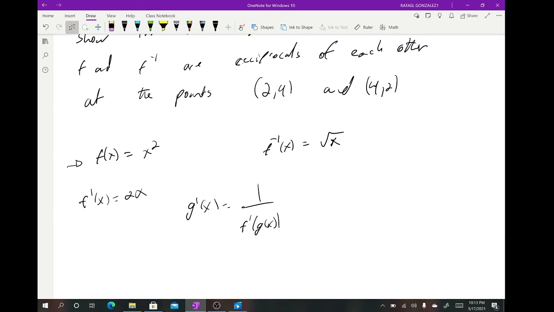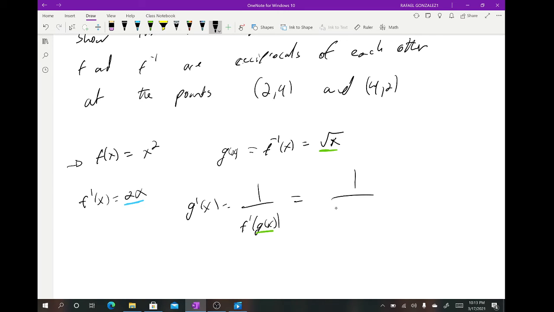Now we can actually simplify this. We know what g of x is. g of x is f inverse of x. So if we simplify this a little bit, we get 1 over f prime, which is 2x, evaluated at g of x, which is radical x.